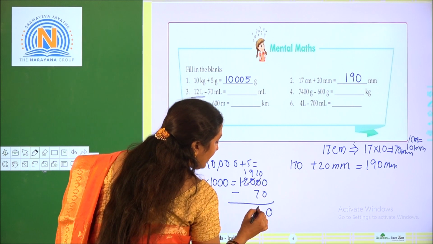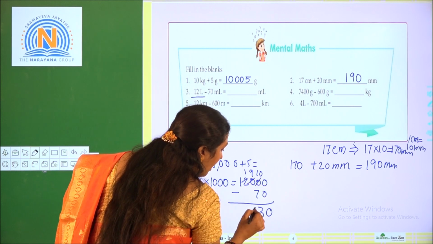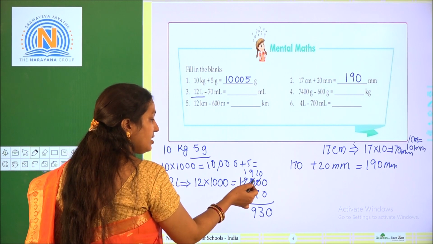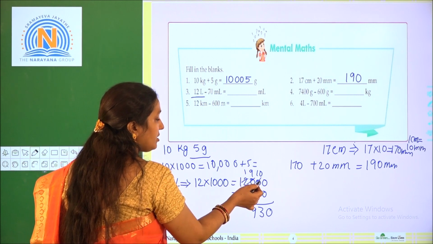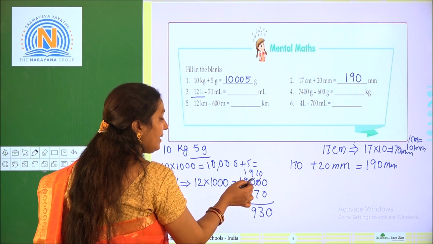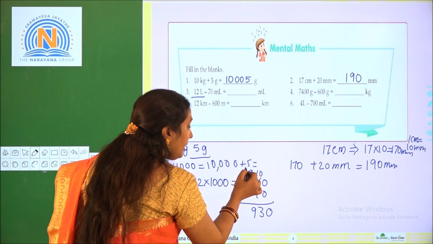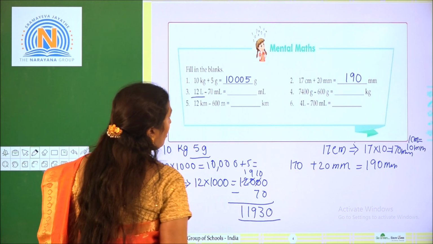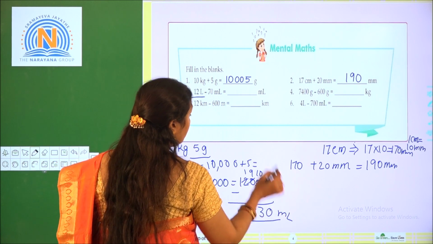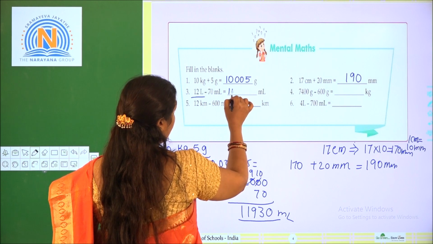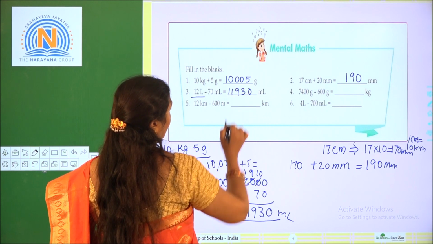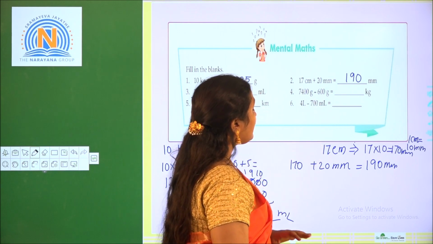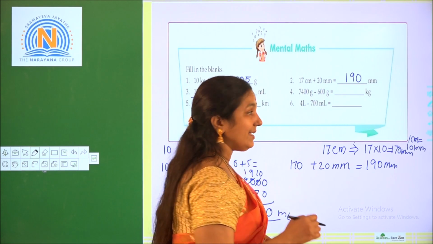So 10 minus 7 is 3. 9, because from the thousands place we are taking 1000, but we need only 110, remaining 900, so 9 will be here. So how many milliliters, children? 11,930 milliliters.